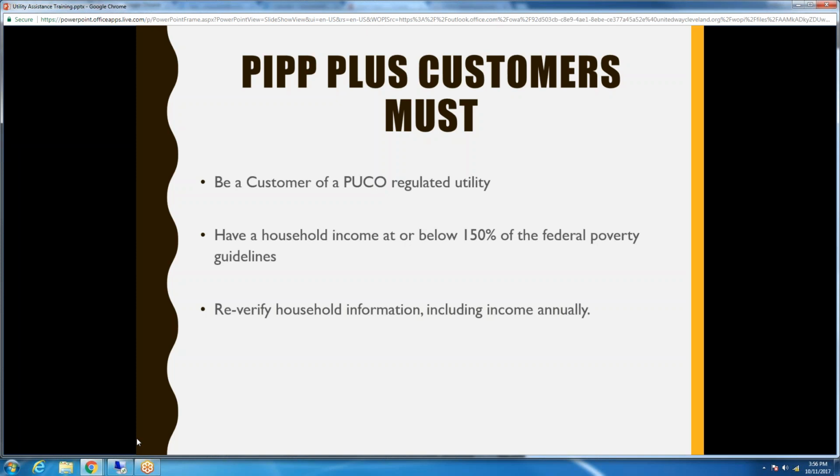In addition, college students who are absent from the home solely for the purpose of college attendance must be included in the application and cannot apply separately. And this plan is not available to landlords who include utilities in the rent.